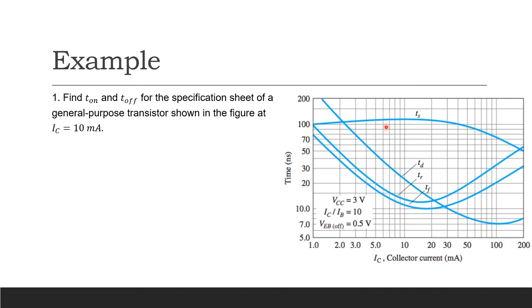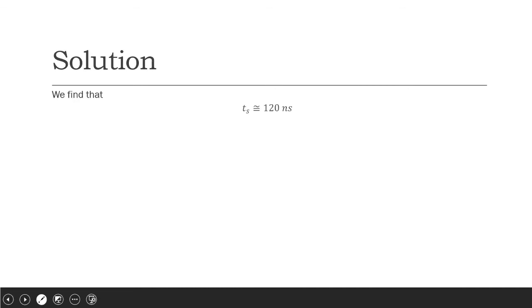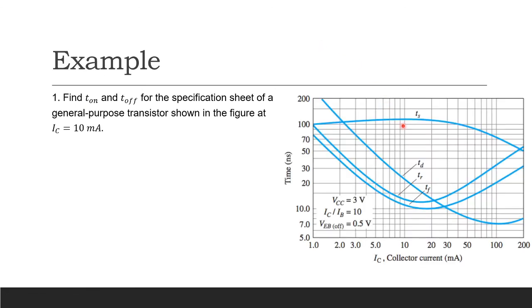Now, based on the figure, we can find that TS is approximately 120. This is TS. So at 10 milliamperes, let us see if our guess is right. It is this one, so let us say that it is approximately 120 nanoseconds.